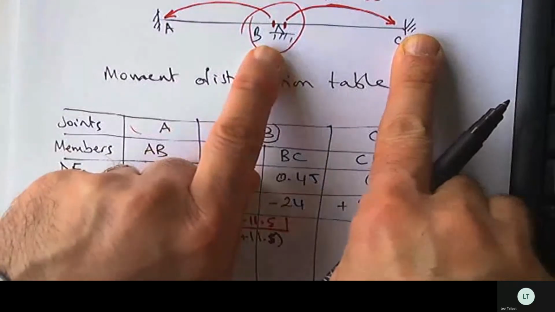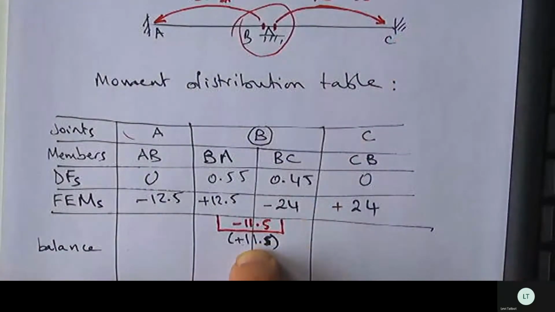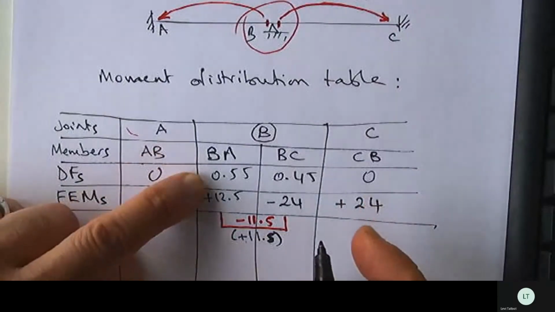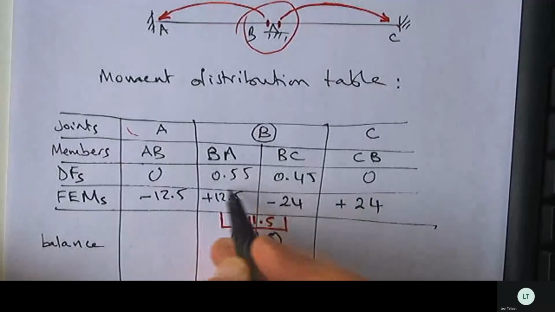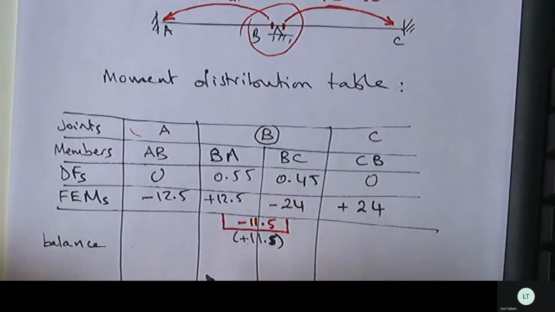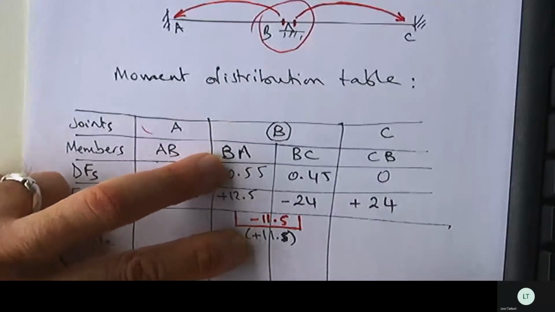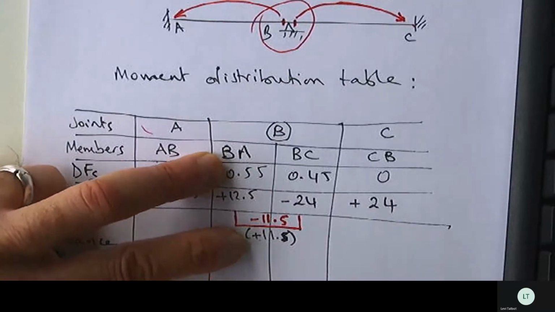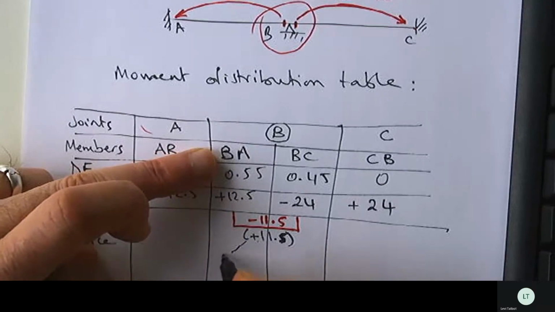So you take the balancing moment, you multiply it by the distribution factors. 11.5 times 0.55, I've got 6.33.